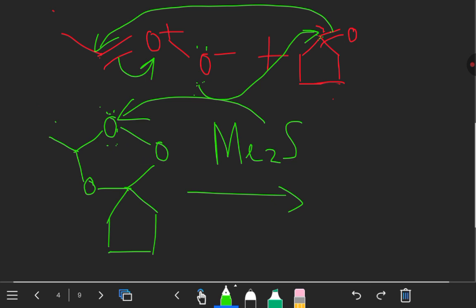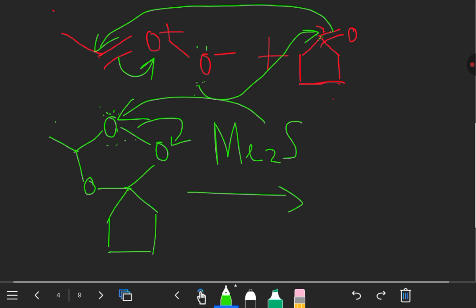Okay, in the actual sense, once this oxygen is grabbed, then this bond can break here. So when this bond breaks, it is able to donate electrons to this other oxygen which is here. Then the next thing which happens here is that this bond also can break.